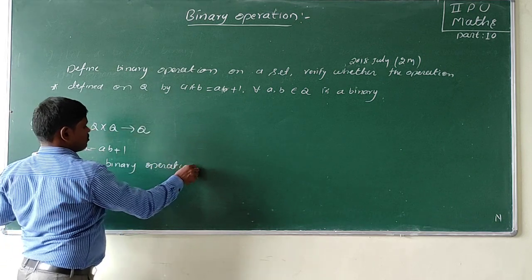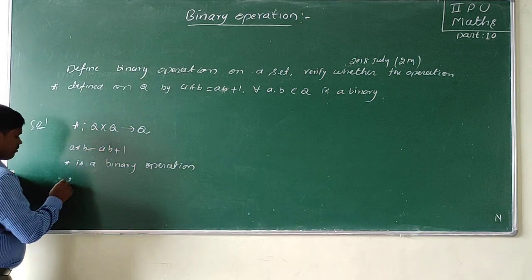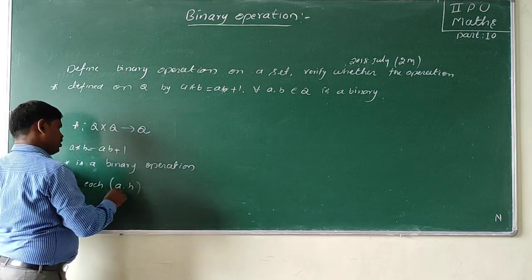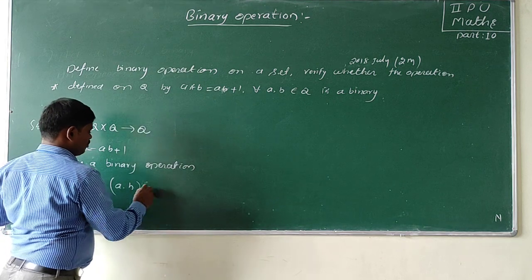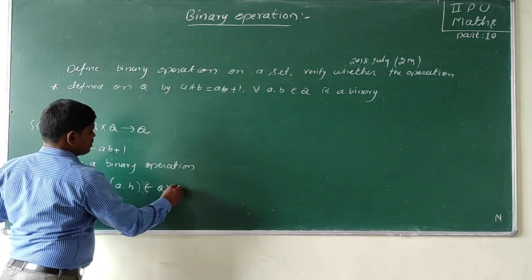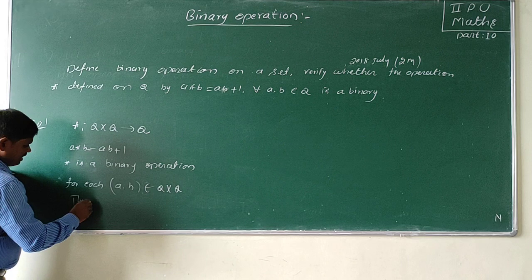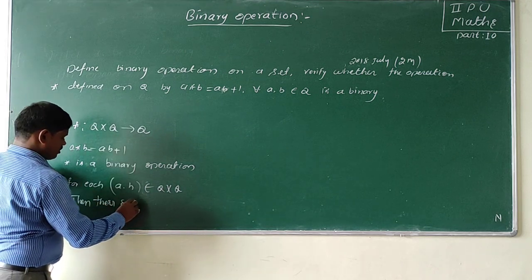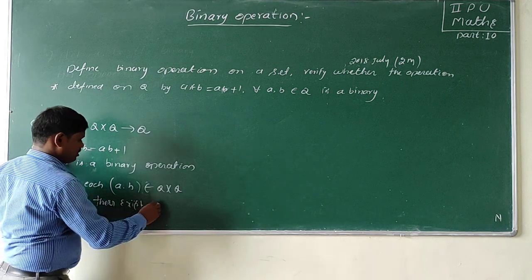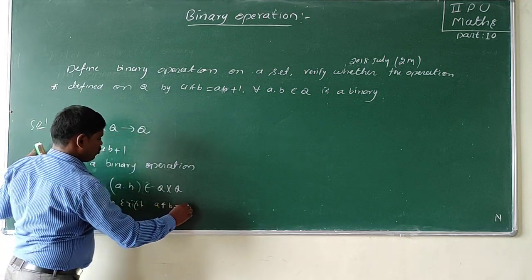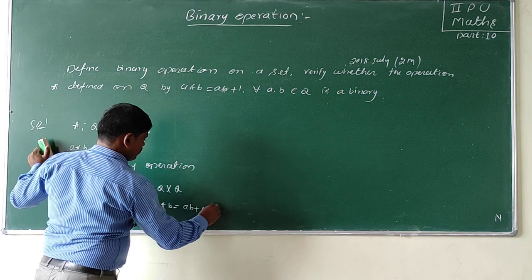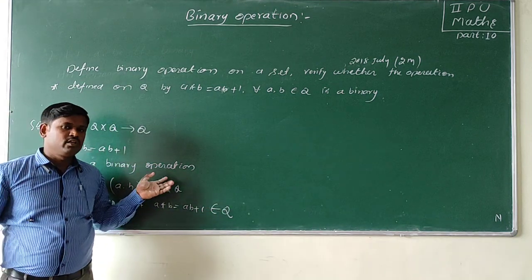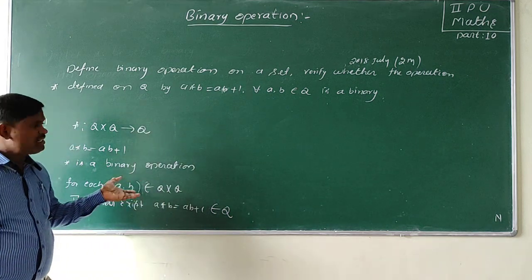Why? Because for each a, b belonging to Q cross Q, there exists a star b is equal to ab plus 1, which belongs to Q. Okay, so by definition only, we are going to show it is a binary operation.